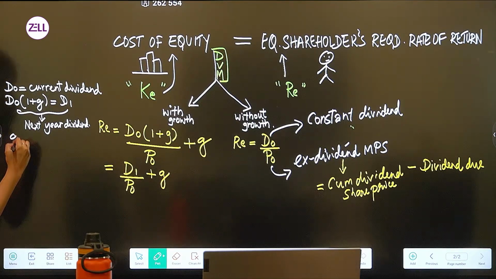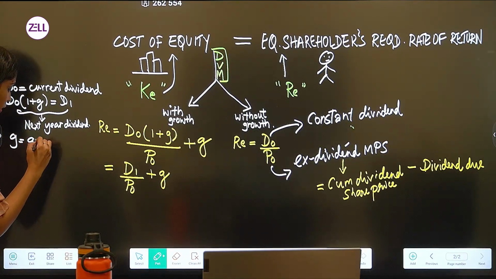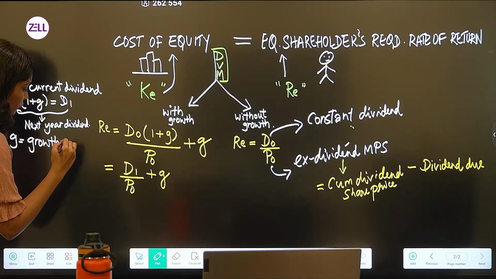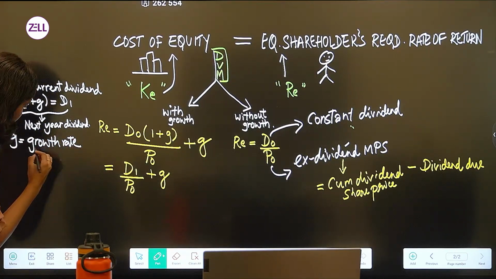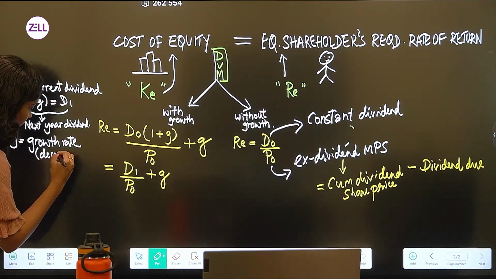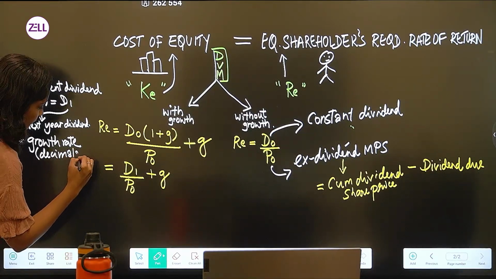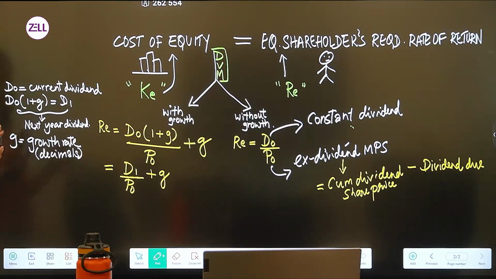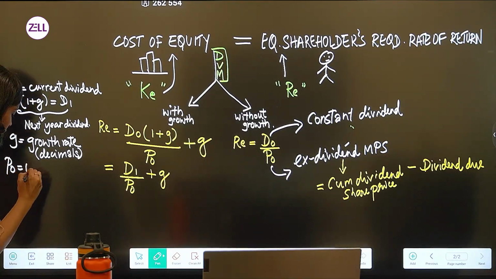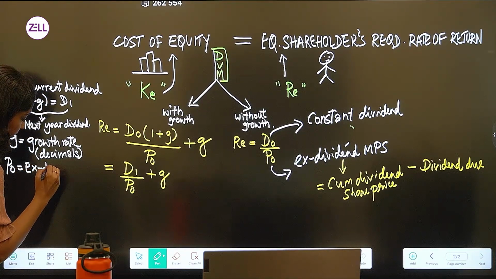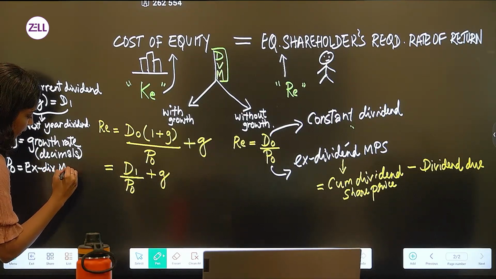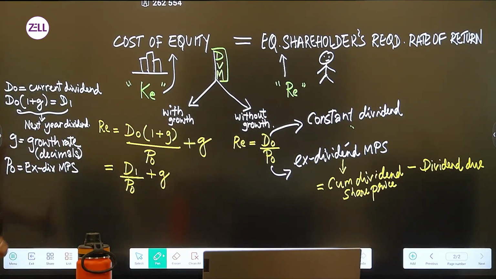And you know, G is your growth rate, which is to be expressed in decimals. Remember that. And P0 is your ex-dividend market price of the share.